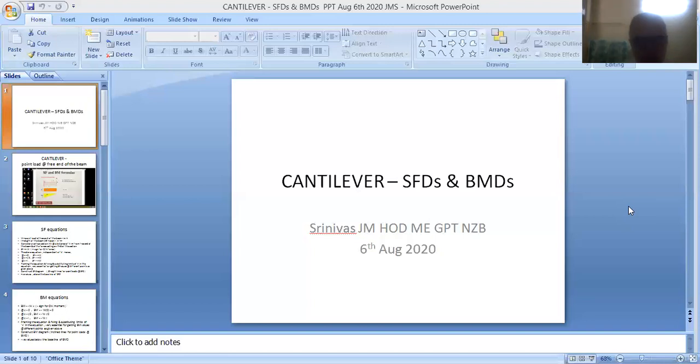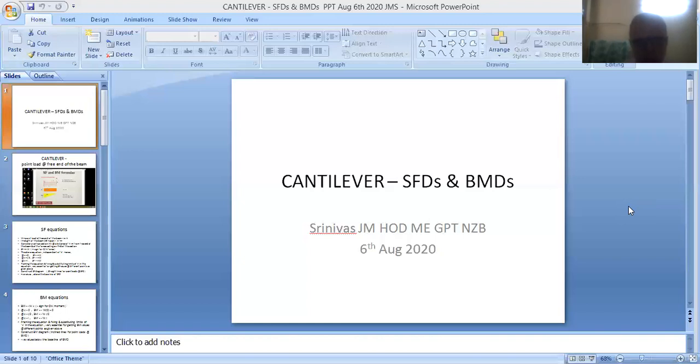Similarly, small w has to be used for indicating UDLs acting on different beams. Point loads are generally expressed in newtons or kilonewtons.